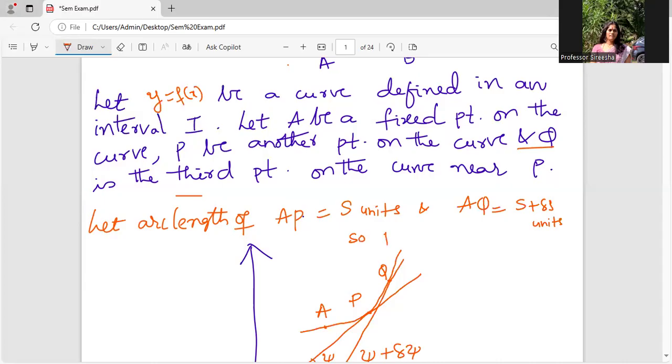Arc length of PQ would be delta S units, right?